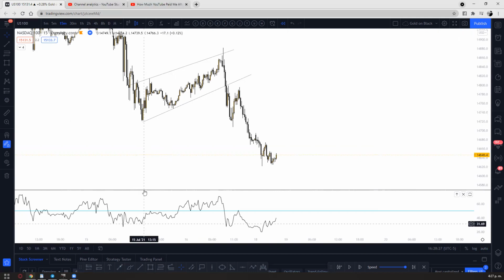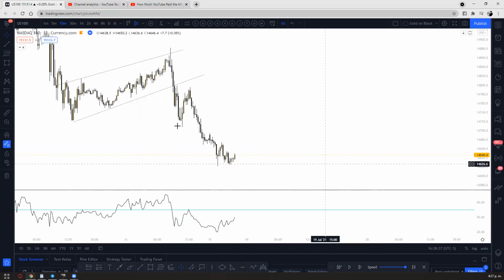But at the moment, from here to here, this is a low, right? All the way to this point, this is a lower low. So there's no divergence. I don't see divergence in there. Plus from here, this is low, lower low, low, lower low. So there's no divergence there yet.